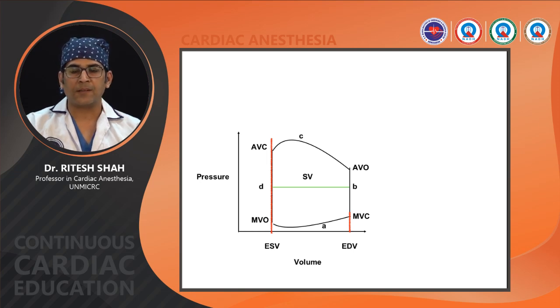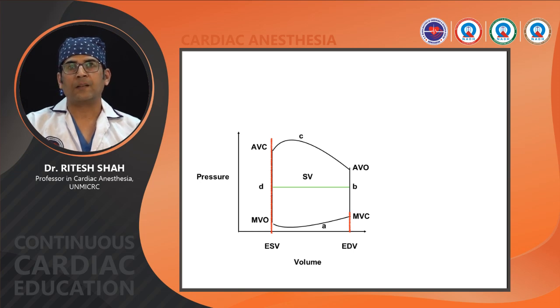Familiarity with this graphic analysis of cardiac function and the normal pressure volume loop of the left ventricle provides a basis for appreciating a load insensitive index of contractility, that is the end systolic pressure volume relationship, which we will discuss later on. Now from this figure we can get different volumes as well as different pressures of the LV. First is end diastolic volume.